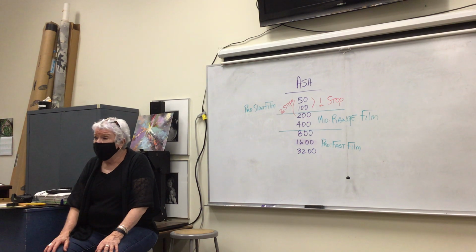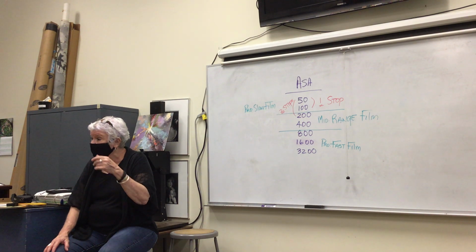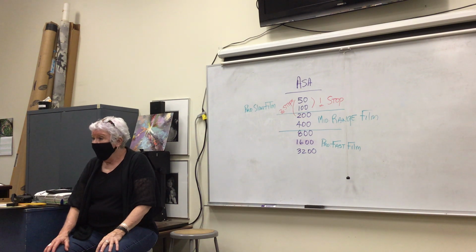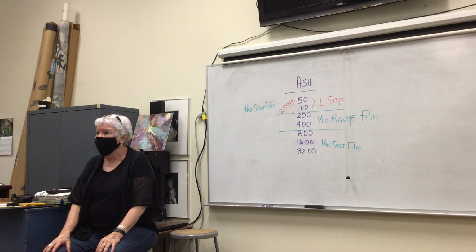So 5 stops of value is significant. Really significant. And that's what we go for to get that beautiful print of the interior that I keep showing. I'm gonna actually have it on an easel for next week's lectures, discussions.